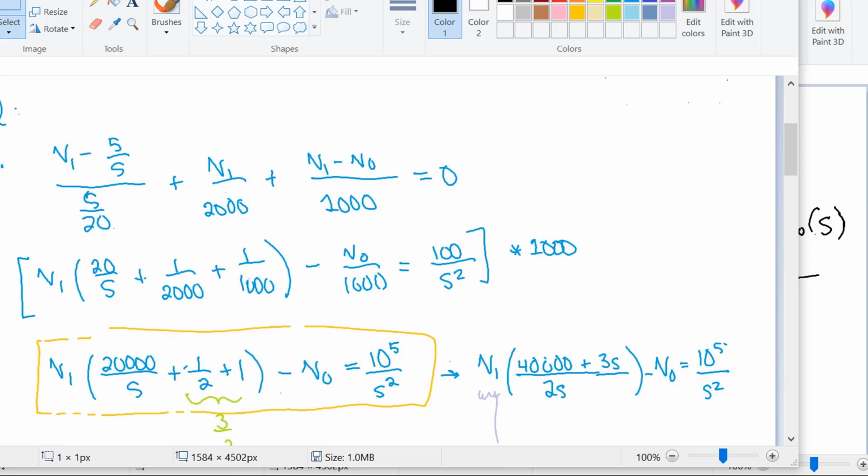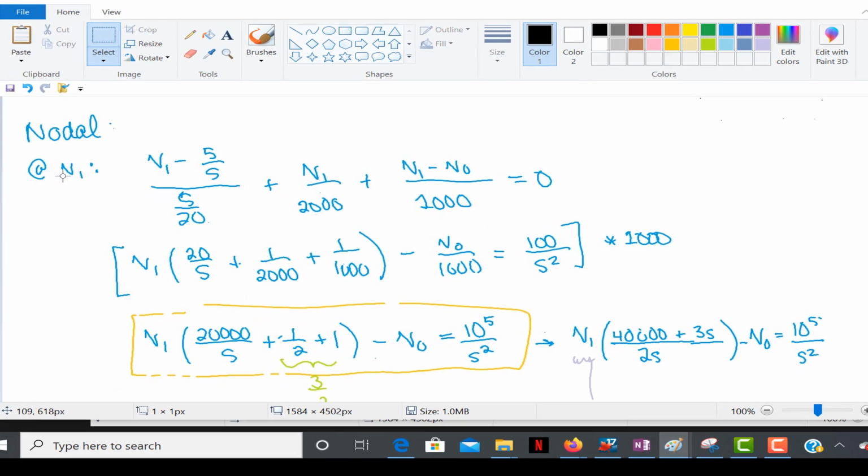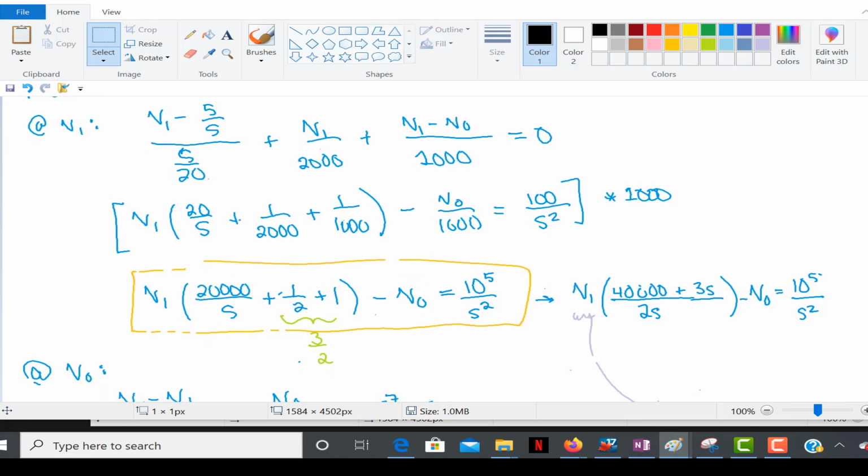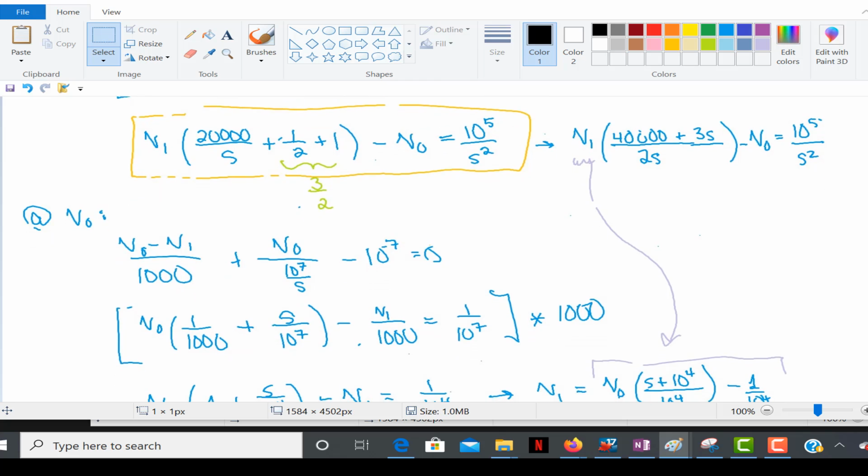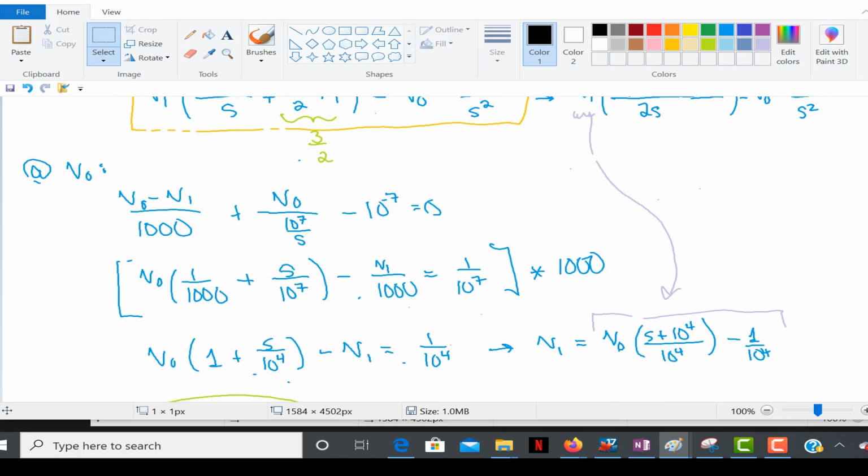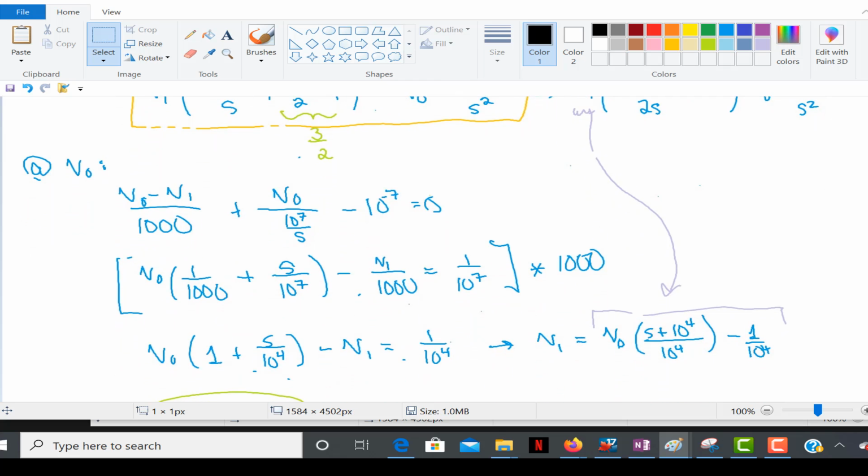Okay, so when I did nodal analysis at the V1 node, here was my equation. I tried to simplify it as much as I could, so I did a bunch of algebra to get it simplified. And then here's my equation for the V naught node.